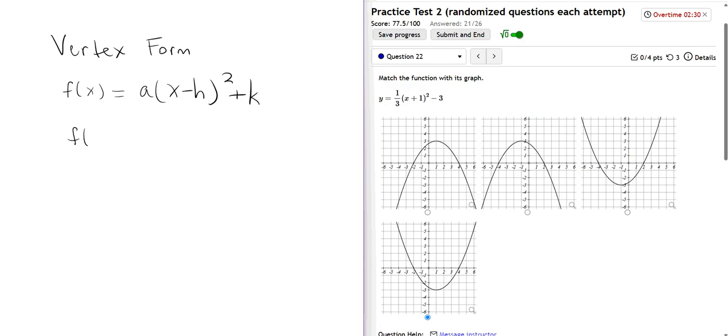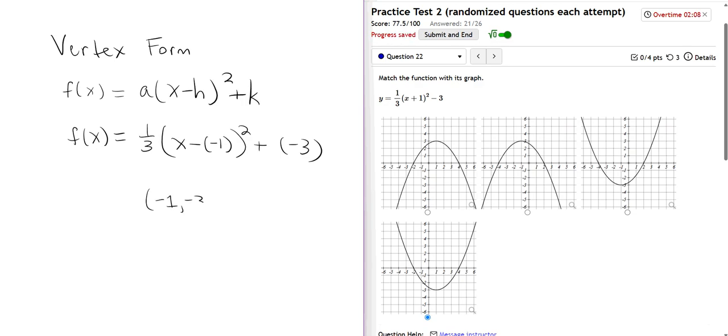So f of x is equal to, here, 1/3 is the a, and the h would have to be -1, and the k would have to be -3. So my vertex is going to be at -1, -3. That's one way you could figure it out. So if I go to -1, -3, that is this option right here.